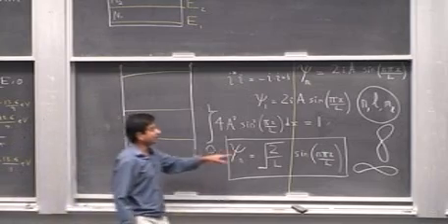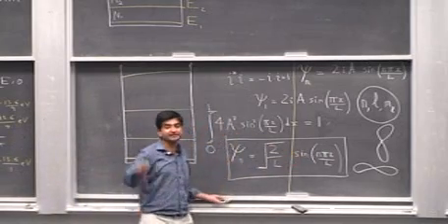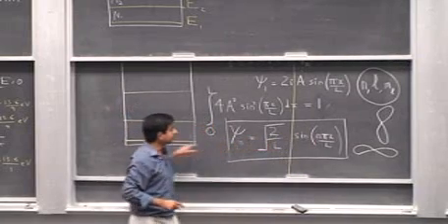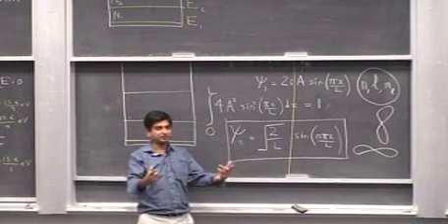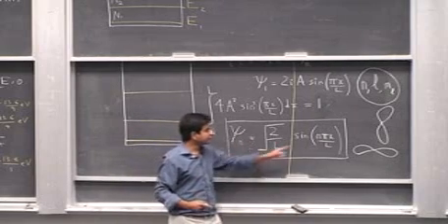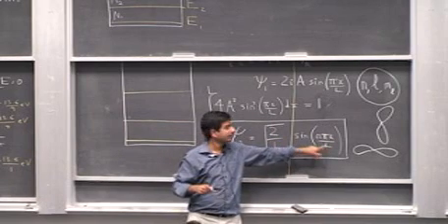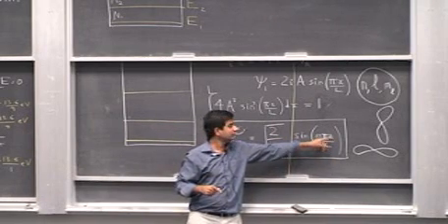For n equals 1, now listen carefully, it's very important. If n equals 1, you're in the ground state. So what is the wave function? You put n equals 1, you get sine pi x over L. At x equals 0, this is 0.